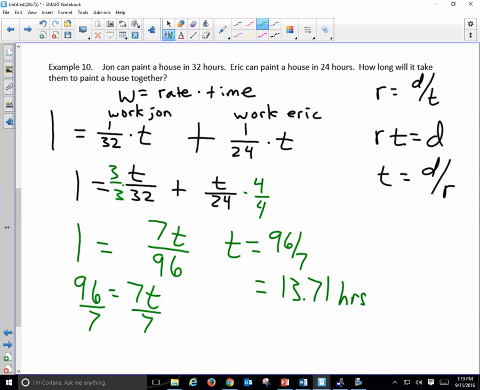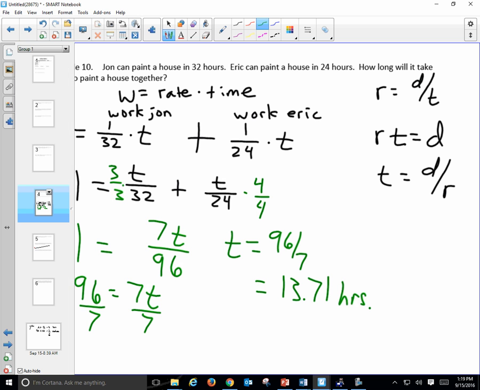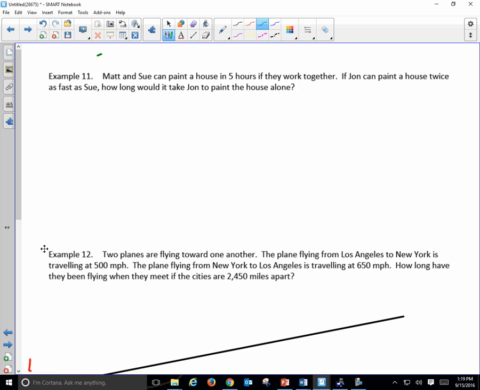And you guys told me that if they both had 24 hours as a rate, then it would be 12. But John's going to slow that down a little bit. So does 13.71 seem to be a reasonable solution? It sure does. A little bit different than the 28 that we first thought, isn't it? Okay. Got it. Let's do another one.